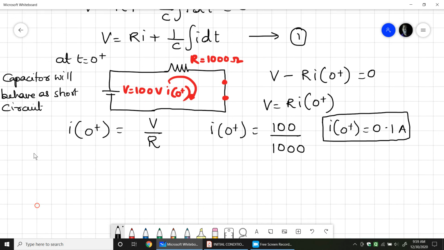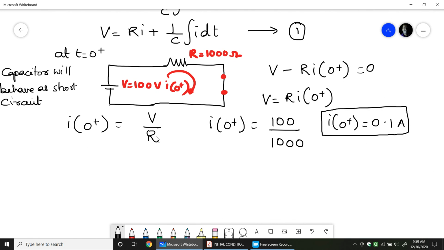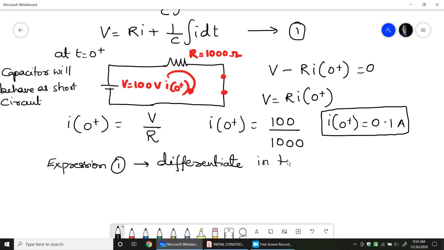Okay, now to find out the first and second derivative of the current I, we take expression 1 and then we differentiate it. So we differentiate expression 1 in terms of t.